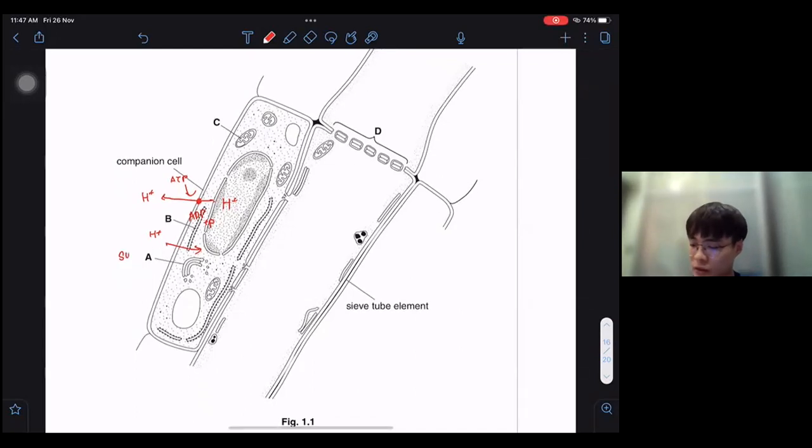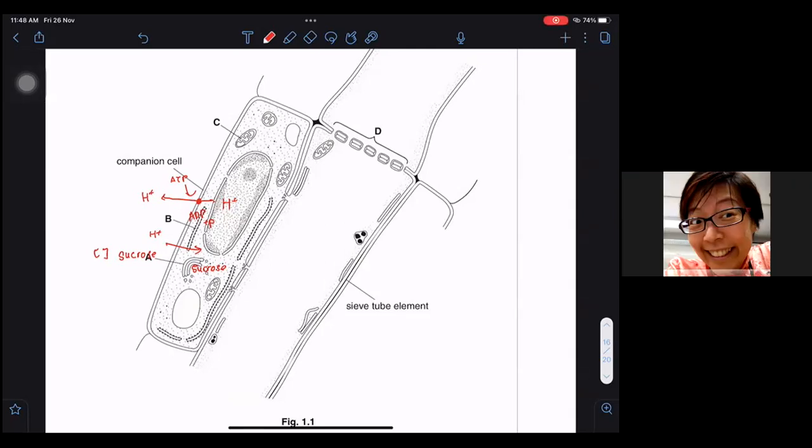So this sucrose, the concentration of sucrose outside is lower than inside. What is lower? Say the whole thing.